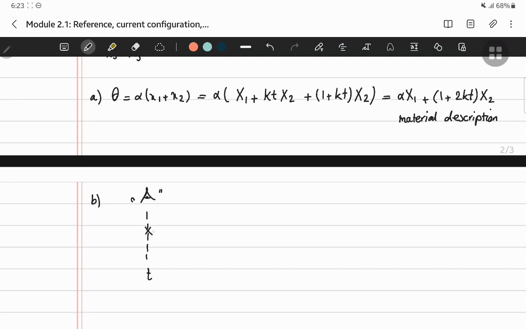After a time delta t, so this is t plus delta t, you don't have the value. So it is meaningless to say that you have the change in velocity equal to something in the Eulerian point of view.